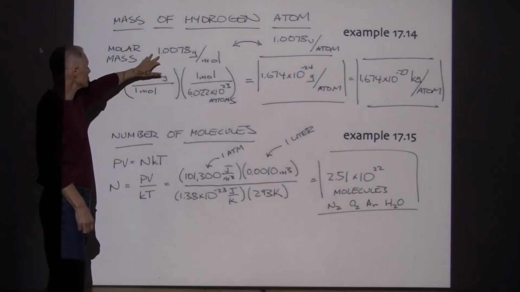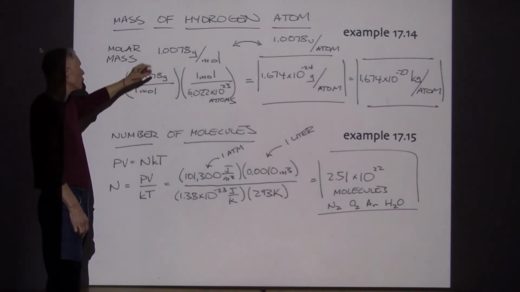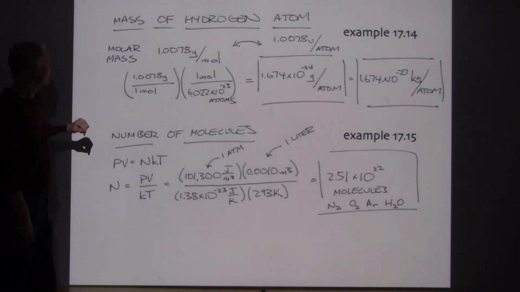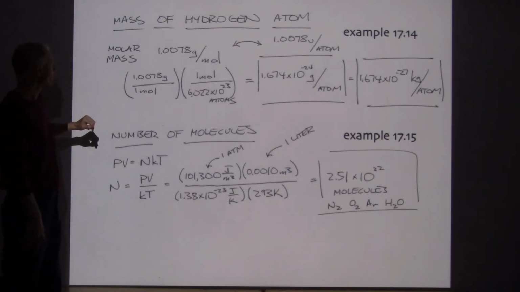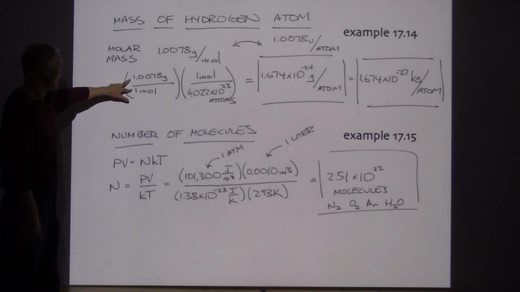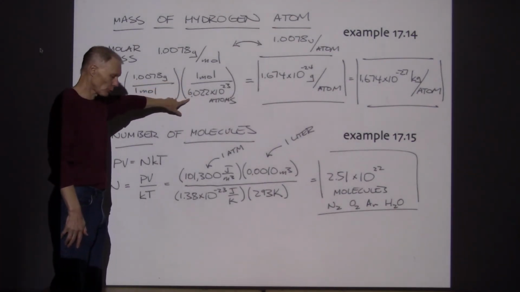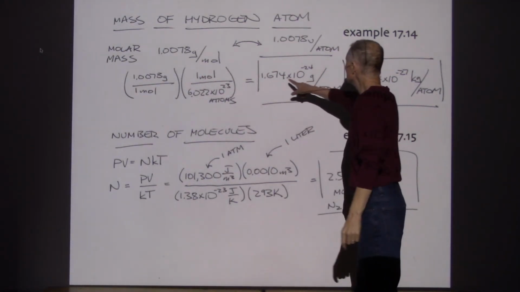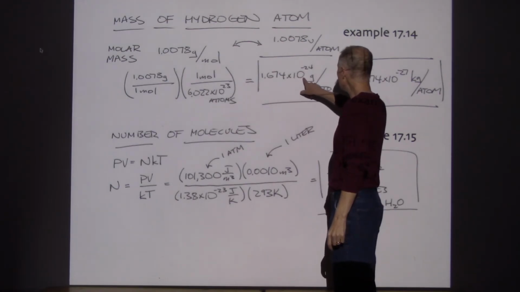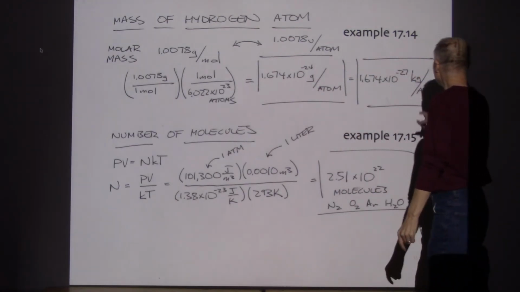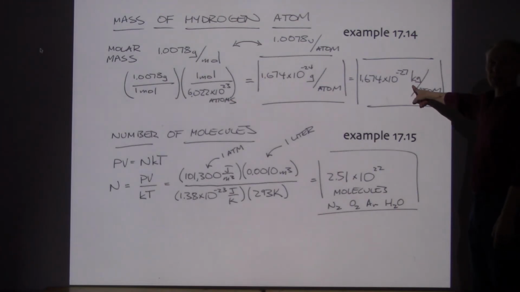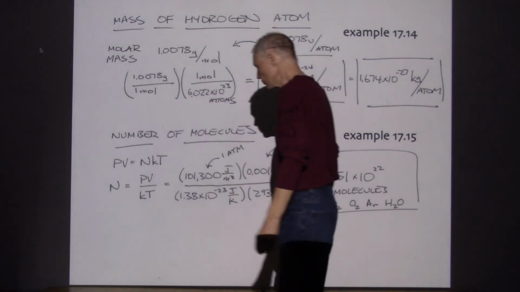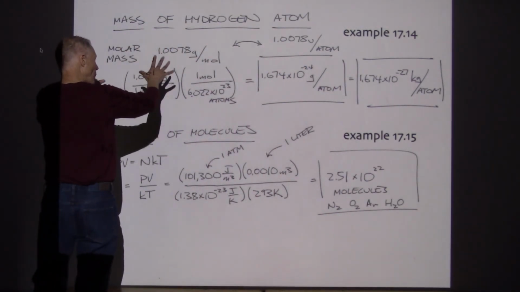So the molar mass is a good representation of what the mass is for that particular isotope. And so it turns out that if we take that molar mass and then divide it through by Avogadro's number, it says that an atom of hydrogen is 1.67 times 10 to the minus 24 grams. And if we put that into standard units, which would be kilograms, it comes in at 10 to the minus 27.